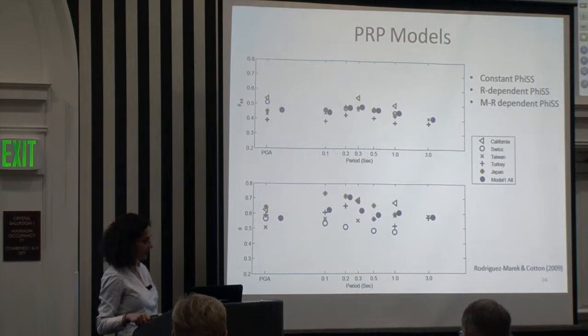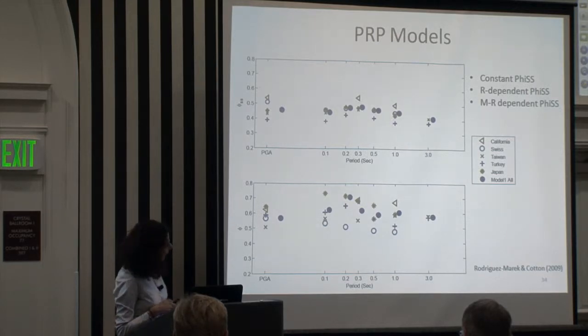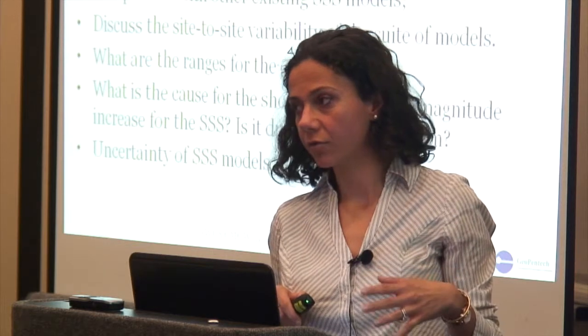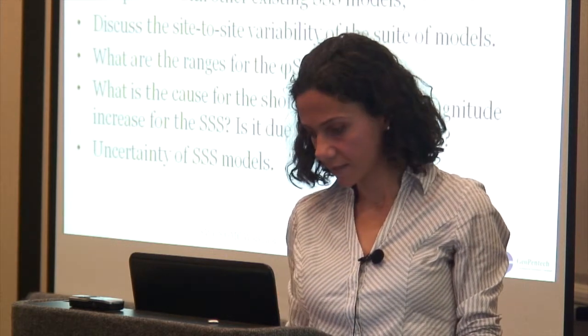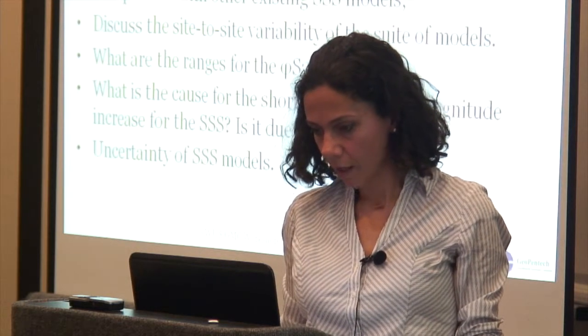So at that time they had 3 VSS models. One is constant, one is distance dependent only, and one is magnitude and distance dependent. So I'm going to compare the California VSS to the constant and the M-R dependent VSS from the PEGASOS refinement project.